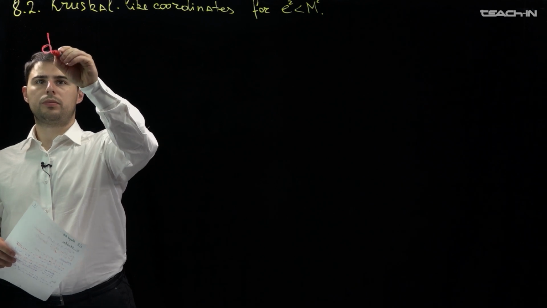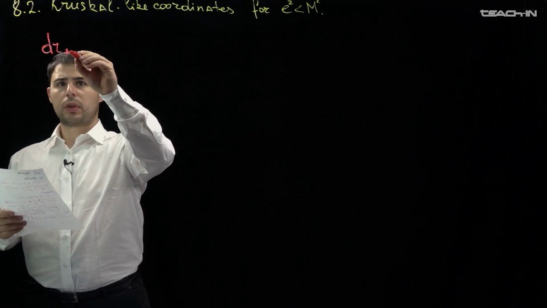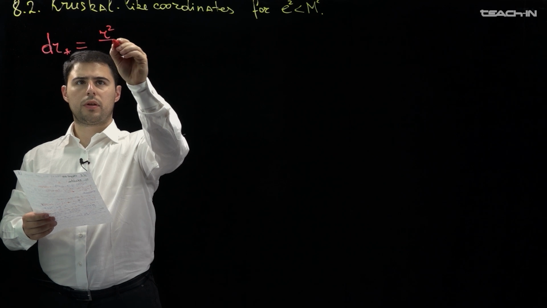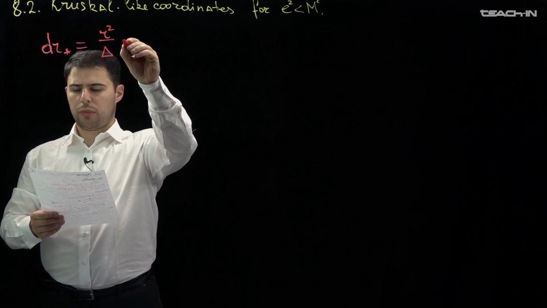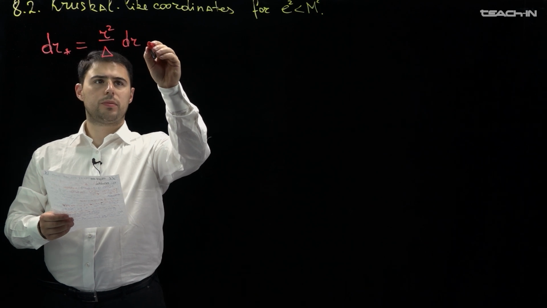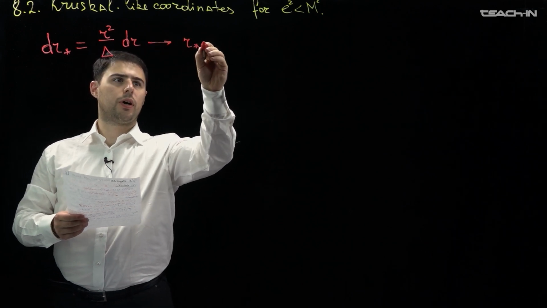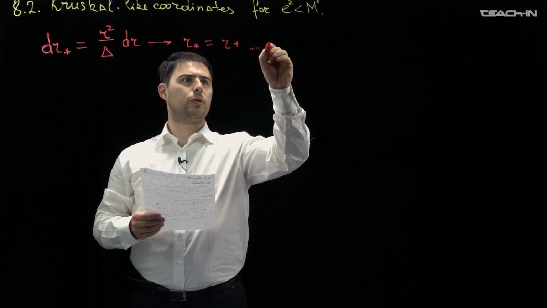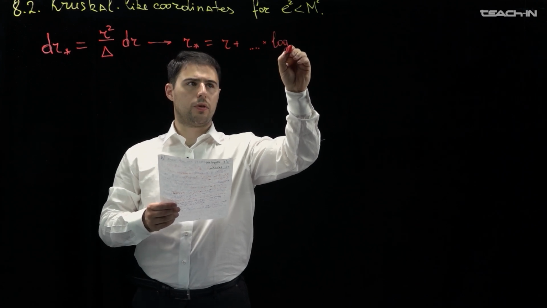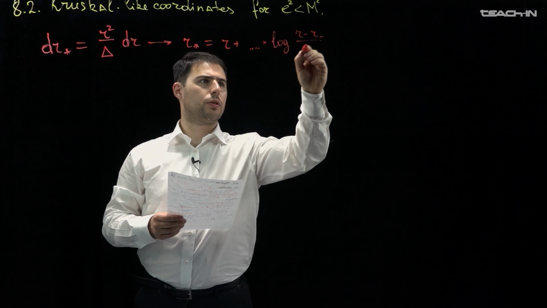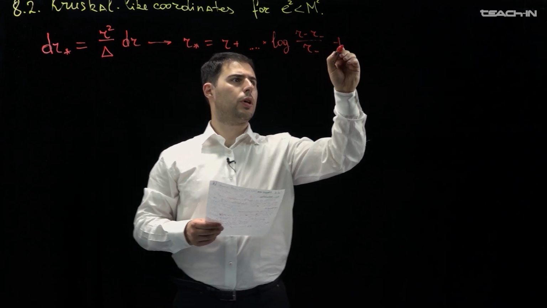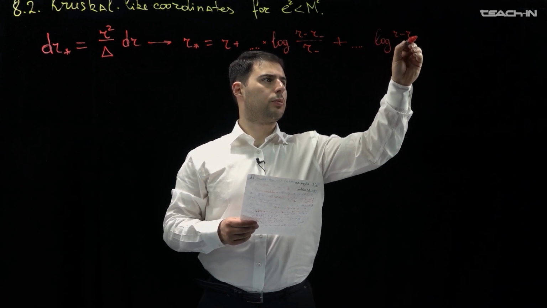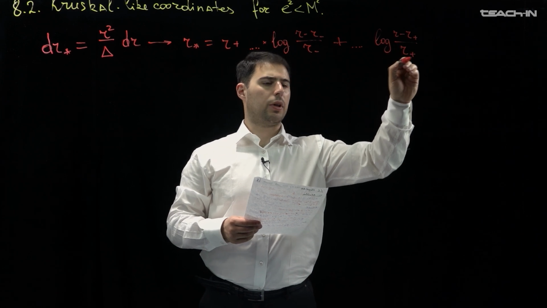If you recall from the previous lectures, we first introduced the proper radius, from which we find that r star is r plus some constant times the logarithm of (r minus r minus) over r minus, plus another constant times the logarithm of (r minus r plus) over r plus.